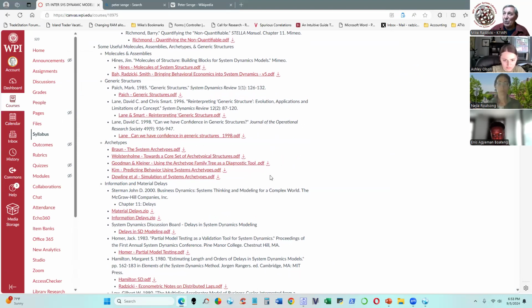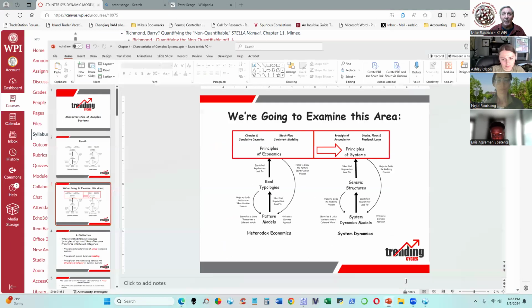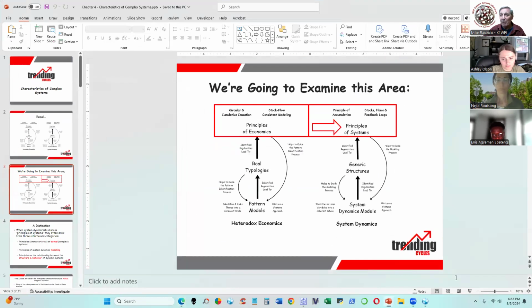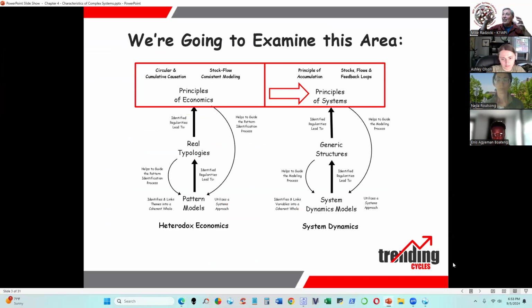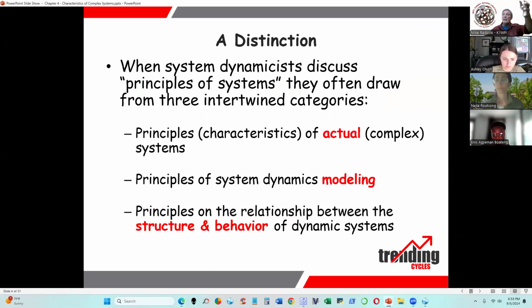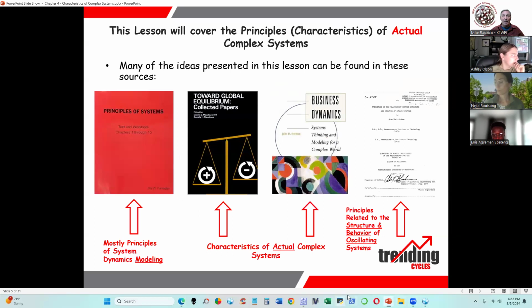A lot of the archetypes are the characteristics of complex systems. Remember I said, and I hope I'm not confusing everybody, I'm trying desperately not to, but it's very hard to organize this stuff. When I say principles of systems, of system dynamics modeling, or structure and behavior, and the characteristics of actual systems, a lot of those principles are the archetypes.